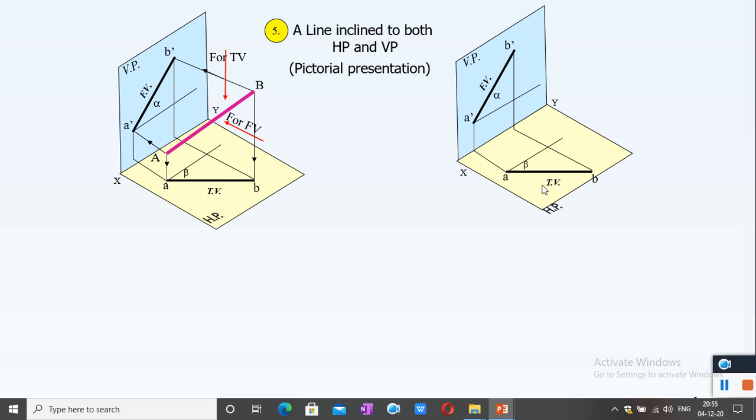So here in this case, both the lines are not the true shapes. A dash B dash and AB are not the true length.